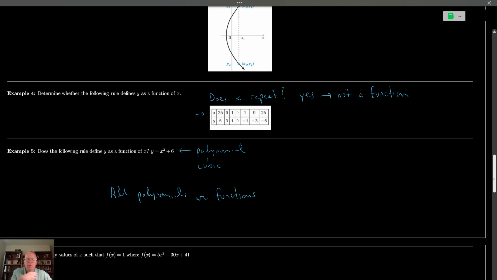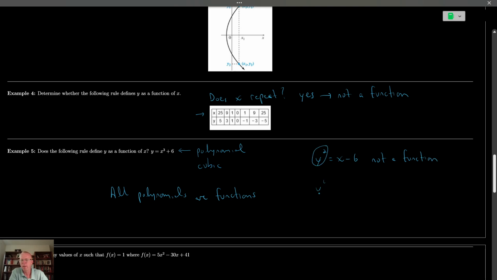Now, when would it not be a function? Sometimes it's hard to imagine something not having a certain property if you've never seen it. So something like this is not a function. Now, why is that not a function? If you have the y squared, it's not going to be a function.